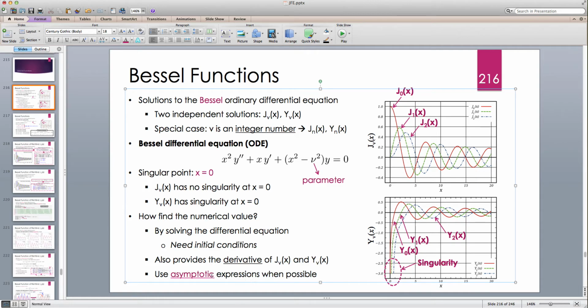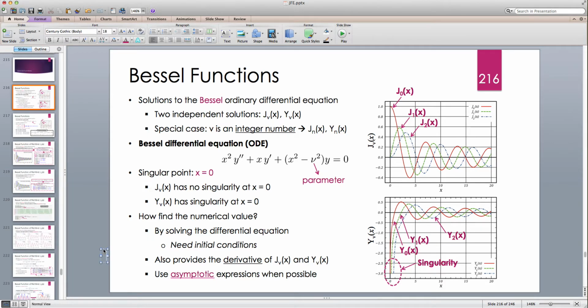So what we want to do is, instead of solving the exact equation or trying to come up with something in different ranges for x values, use asymptotic expressions for these, because asymptotic expressions are always expressed in terms of elementary functions, right?